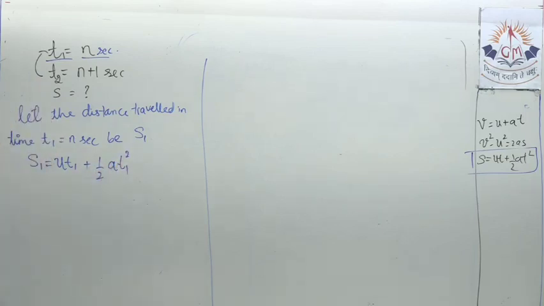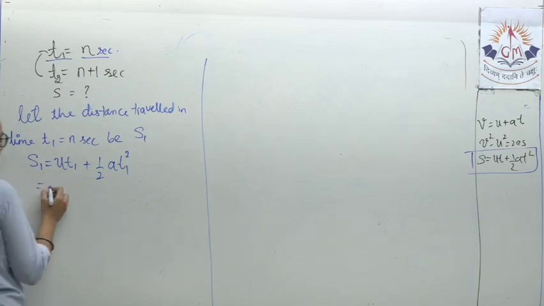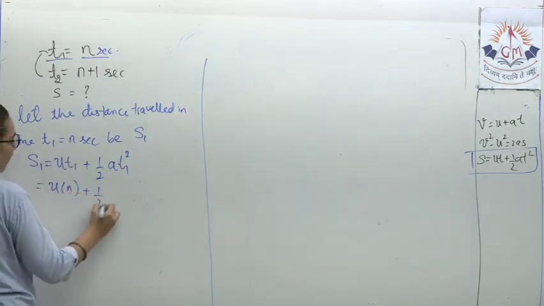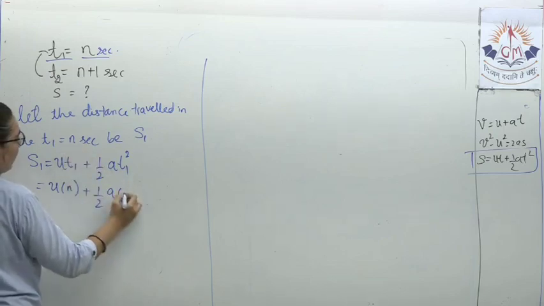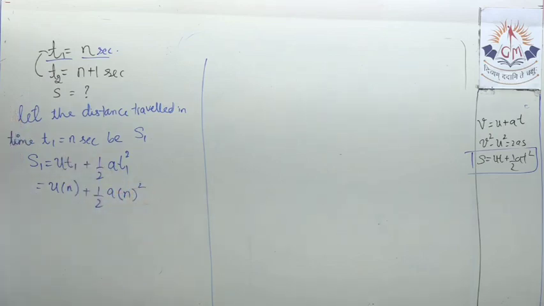The time interval t1 equals n seconds, for that you have to find the distance s1, which is equal to ut1 plus half a t1 squared. s1 is equal to u into t1, which is n, plus half a as it is. What is t1 squared again? n squared.